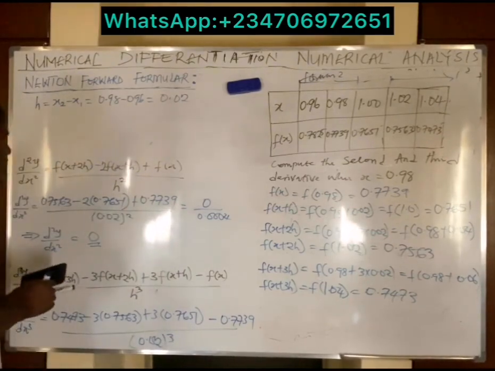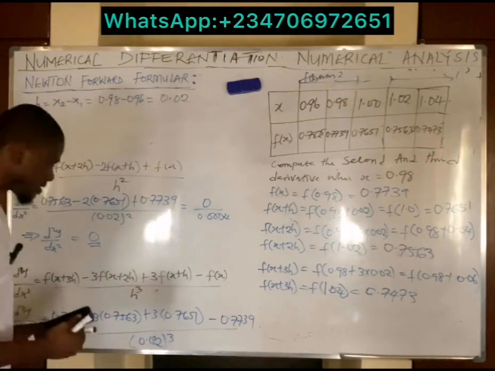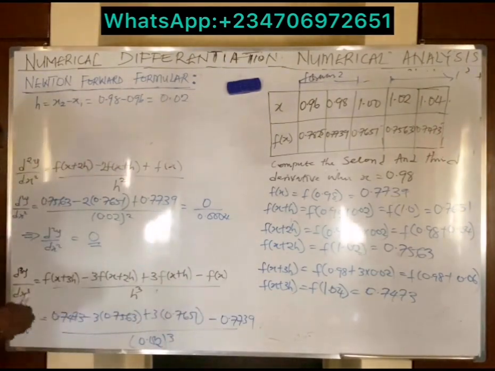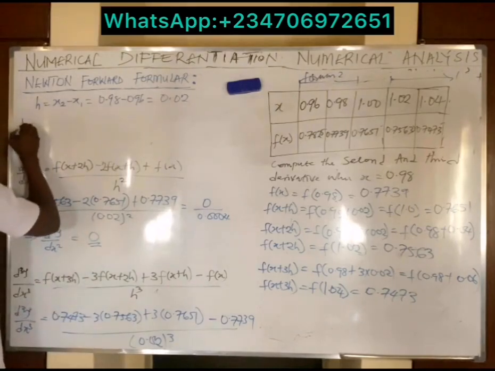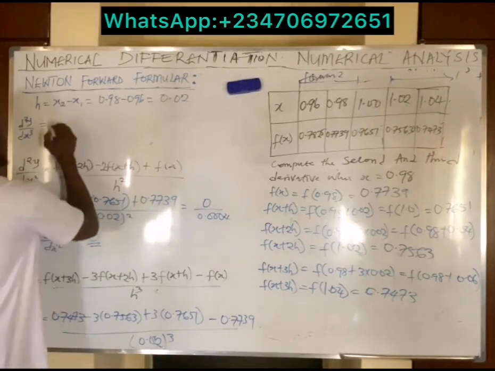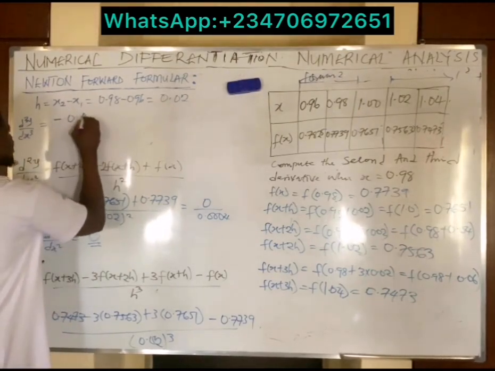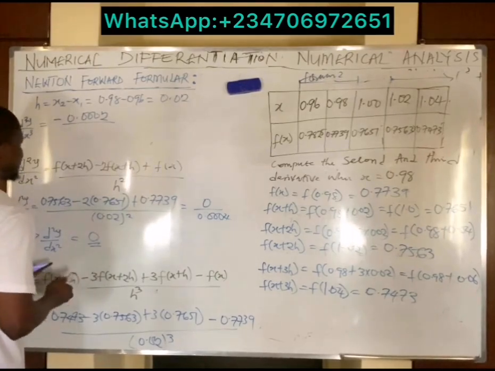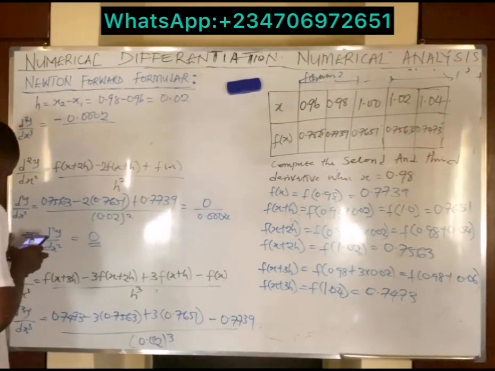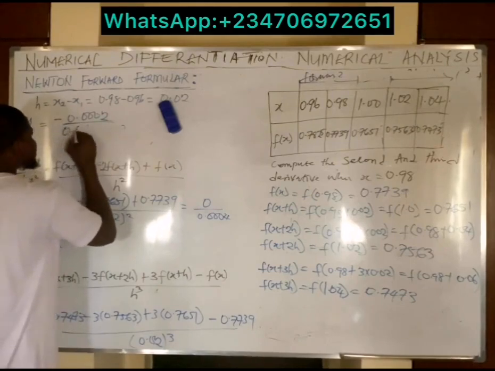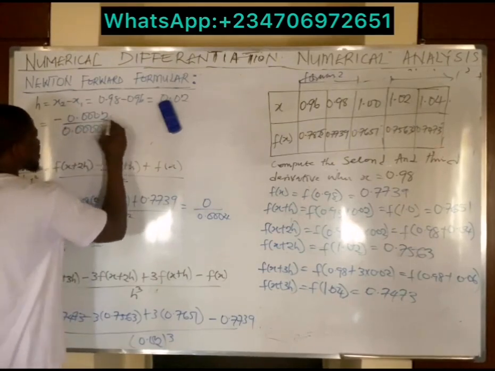Okay, so just like in the previous, I'm going to punch everything along. So do well to punch along with me to avoid calculation error. Everything at the numerator simply gives us negative 0.0002, divided by 0.02 to the power of 3, which simply gives us 0.000008.